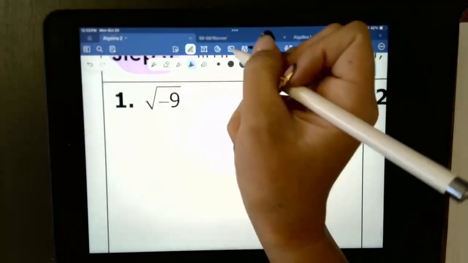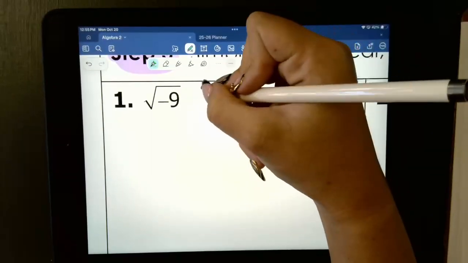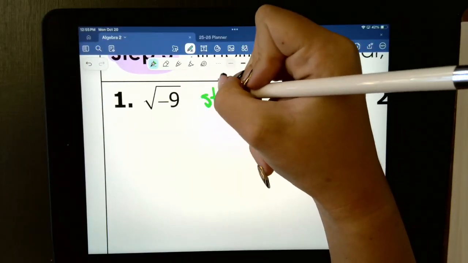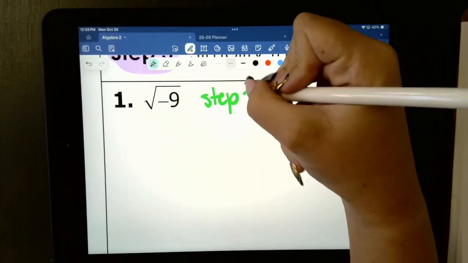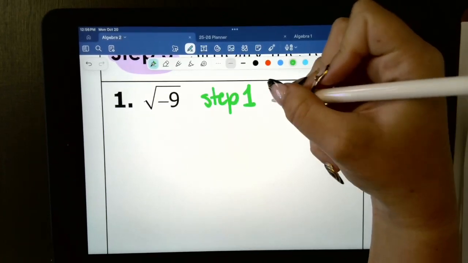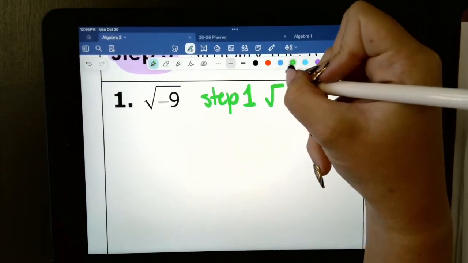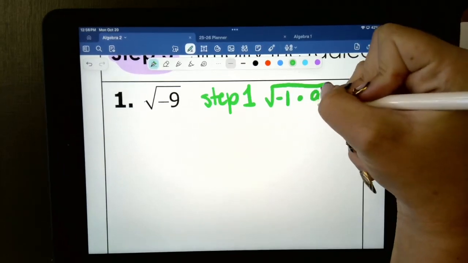So, step 1. Don't put this in your calculator. We're working it out. Step 1. What's step 1? We're going to rewrite it. So we're rewriting it as square root of -1 times 9.